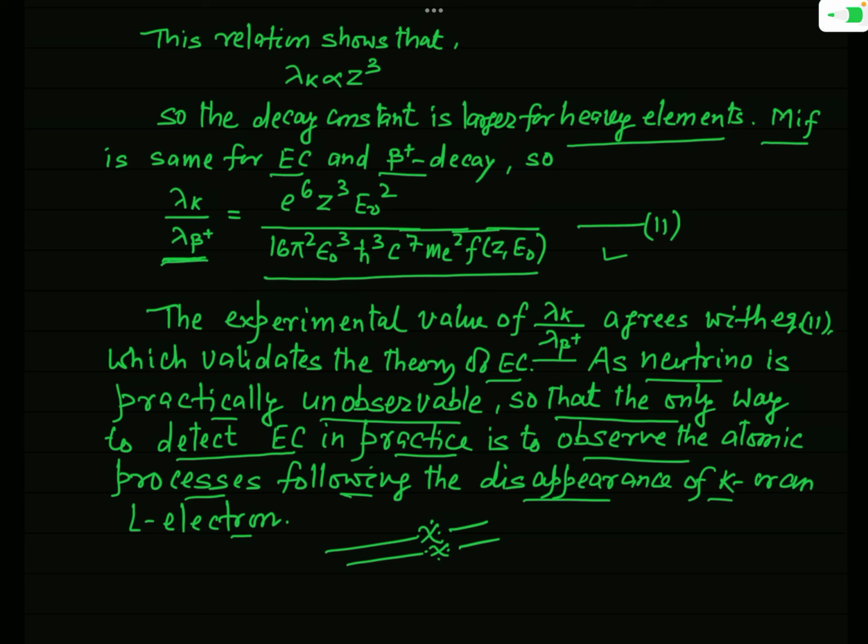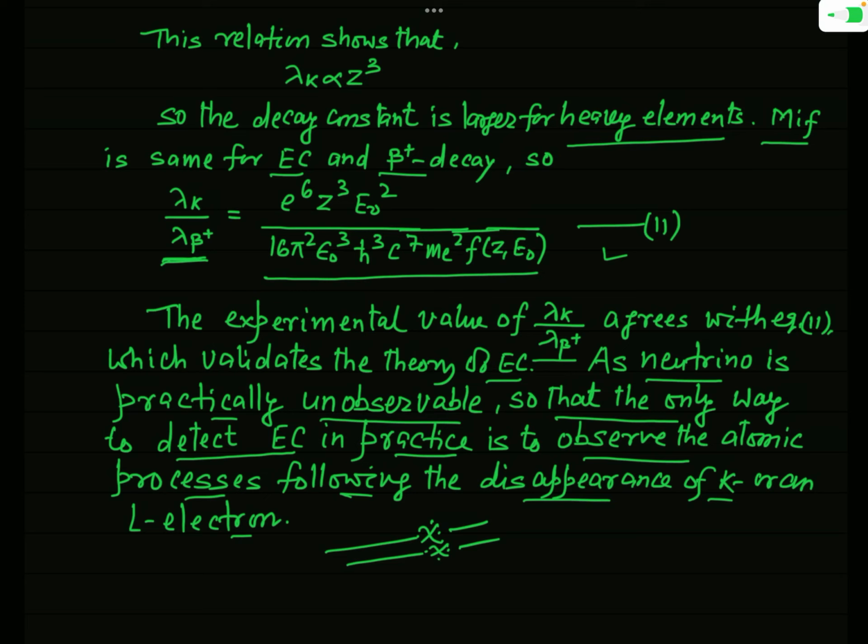The wavelength of that radiation falls in the range of 0.1 angstrom to 100 angstrom, which is the range of the wavelength of X-rays. So in this condition the X-ray is also produced, and this is also called Auger transition.